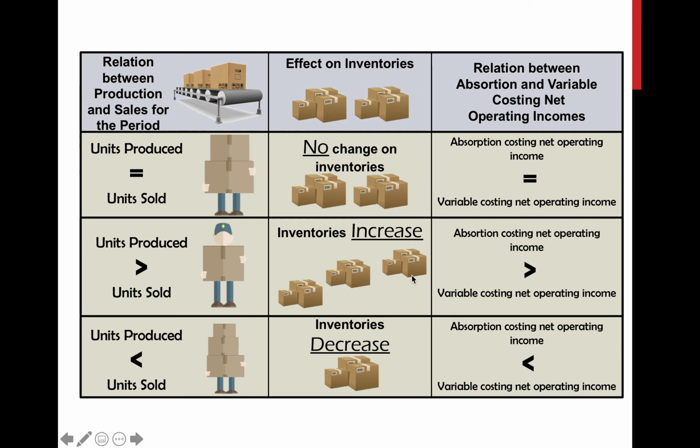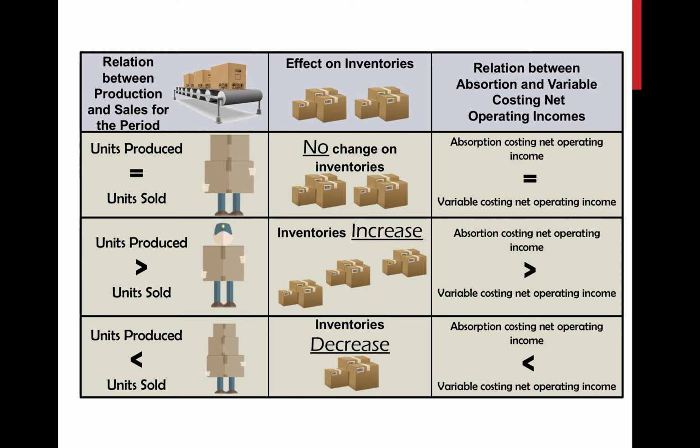In the situation where you increase your inventory, you are deferring this cost to the future. In this specific case, you are releasing a cost that is moving from the past to the present, so absorption costing is going to show a lower net operating income because you release more expenses than you expected in the past, and on variable costing the net operating income is going to be higher.